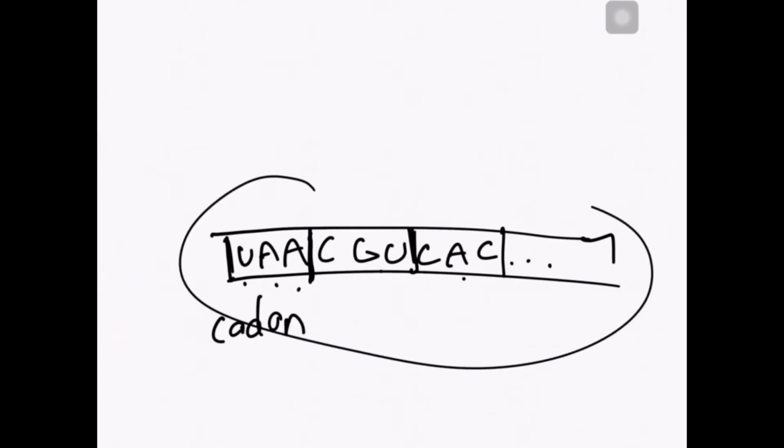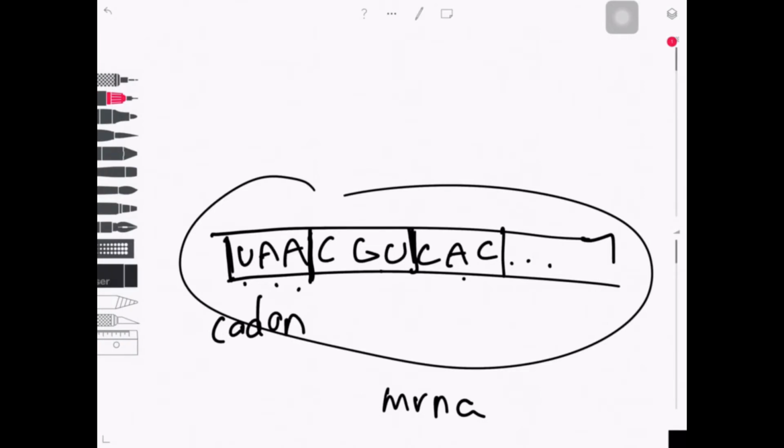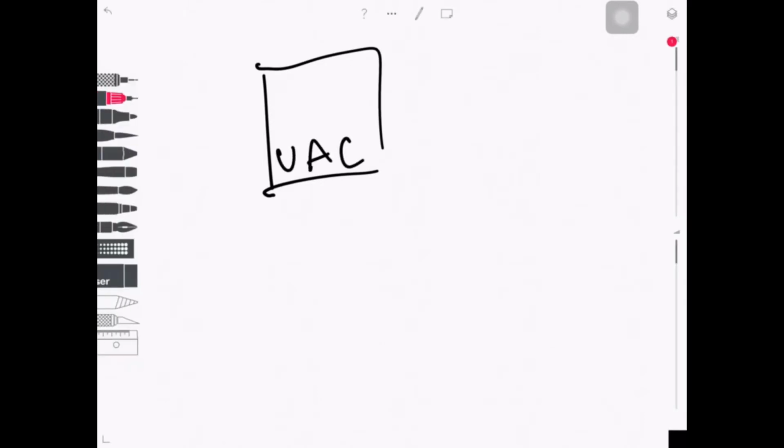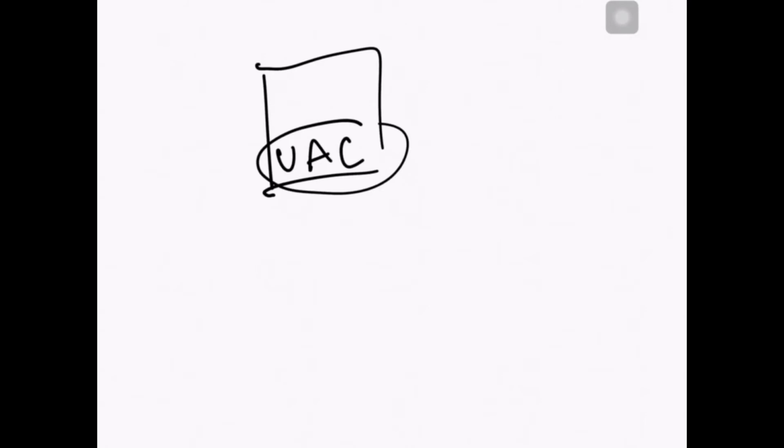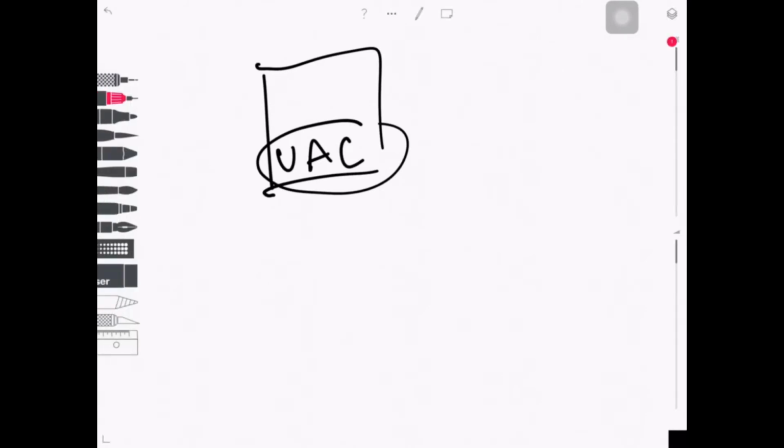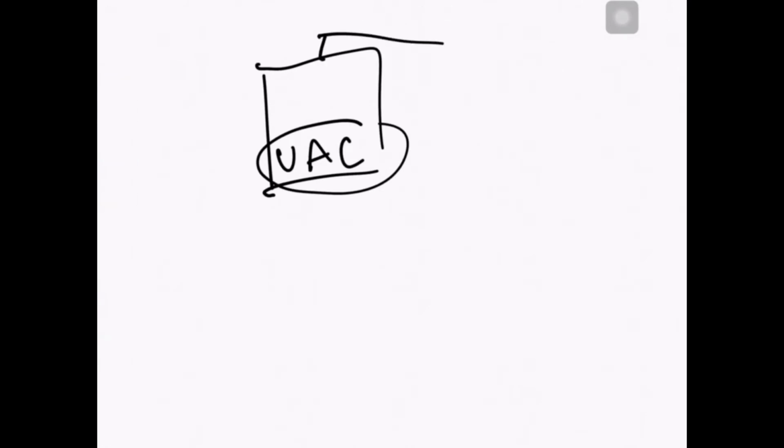Now, this is the basic structure of an mRNA, but what about a tRNA? Within the tRNA, you would have a structure such as UAC, for example, and this is similar to a codon with 3 bases. And a transfer RNA will also have an amino acid attached to it.